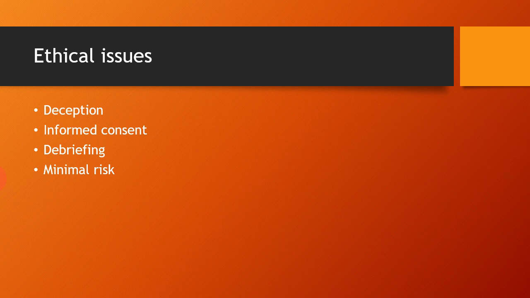Then comes minimal risk. The possible risks of participating in the research should not be greater than ordinarily encountered in daily life. The participant must be allowed to make decisions based on adequate information also. So it is meant for reducing the risk among the participants of social psychological research.